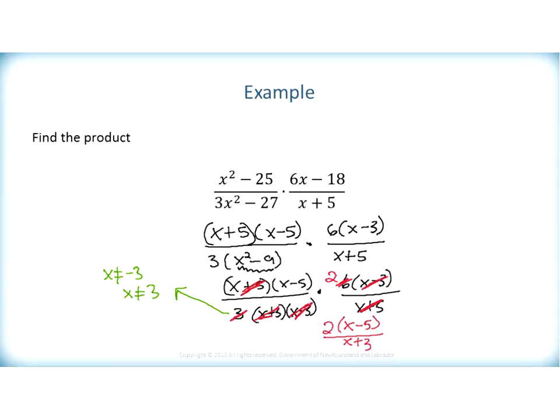And right here we have x cannot equal negative 5. So our NPVs will be x cannot equal negative 3, 3, and negative 5. Remember, the NPVs include anything that has been in the denominator through the whole process.